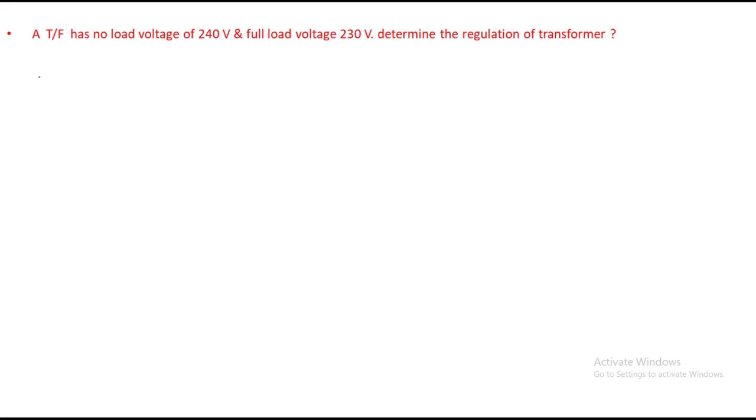So for the solution, the transformer has a no load voltage, which we simply take as E, that is 240 volts, and the full load voltage is 230 volts. Determine the regulation. The formula for the regulation, you know, is simple: E minus V by V into 100.